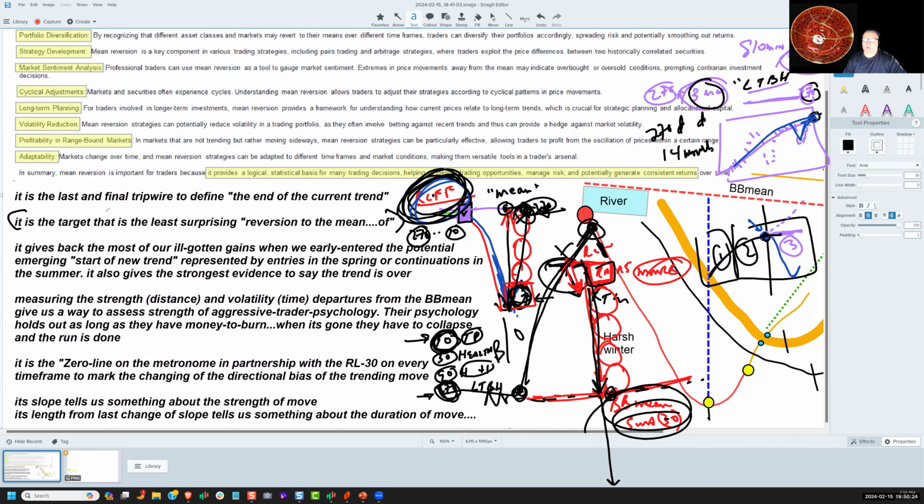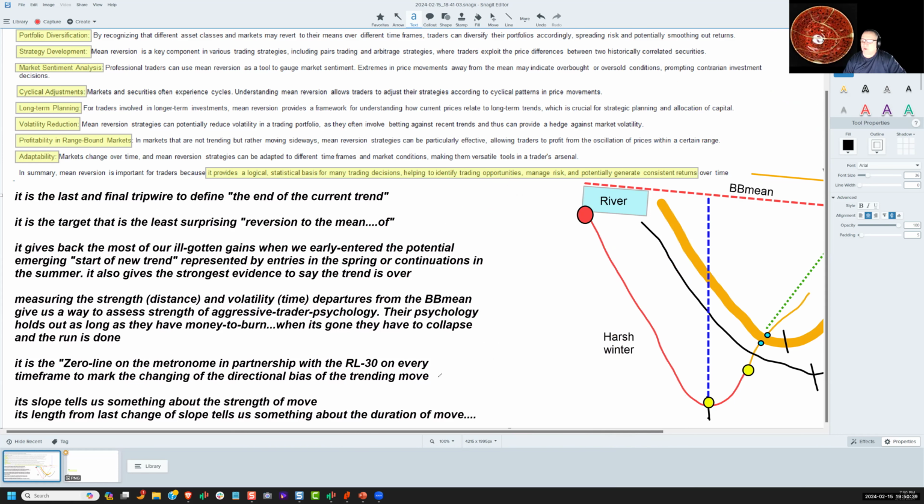Now, what I want to say then is that it is the target that is the least surprising move. After I get an abnormal move, maybe that thing went beyond what used to be Z3. And this is what I mean by normal and abnormal moves. So let's say I had the river, and then I had a Z plus 2 and a Z plus 3 way up in here. And those are drawn by how sideways or volatile the price action has been.